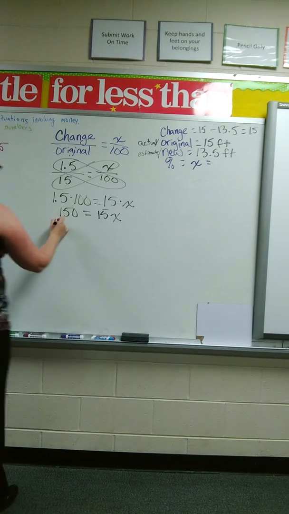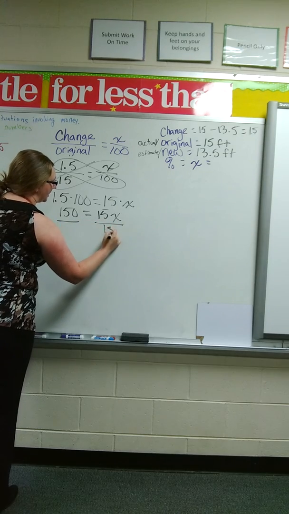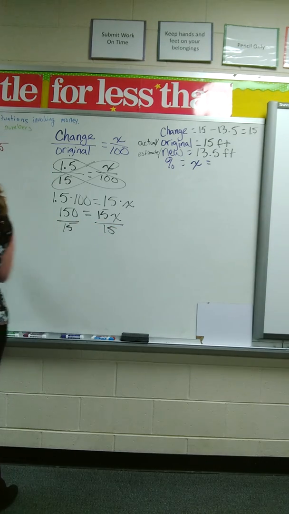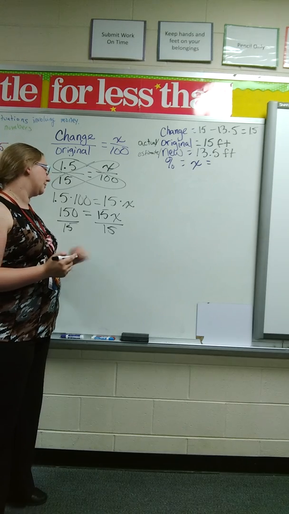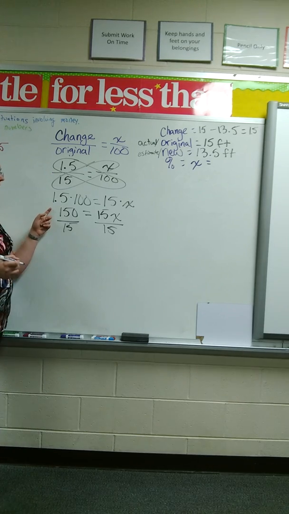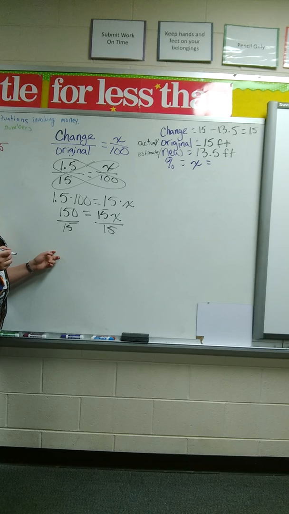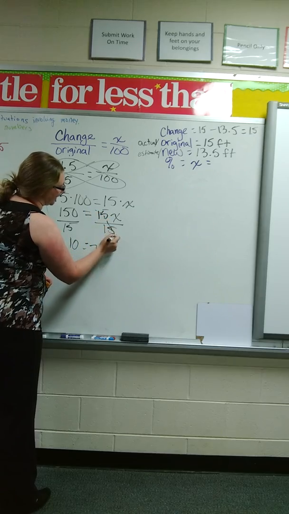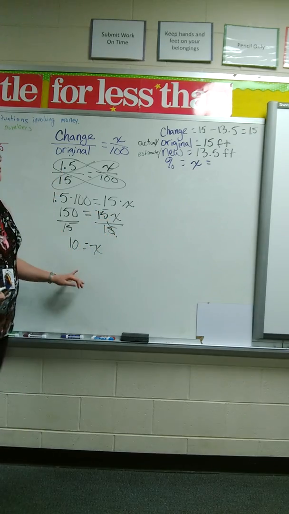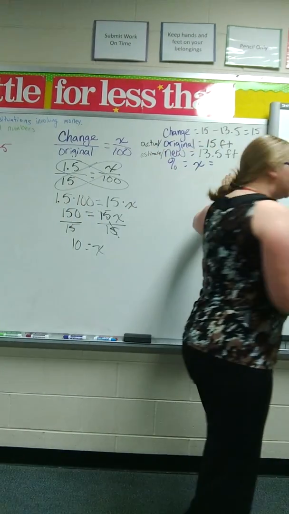Why am I dividing by 15? Because 15 is attached to the variable. Very good. We divide by whatever is attached to my variable. What is 150 divided by 15? 10. 10 equals x because those 15s cancel. So what is my percent? 10%.